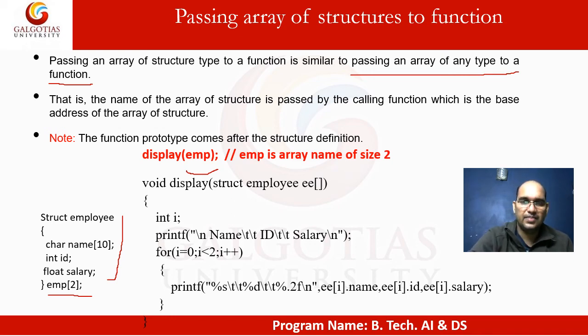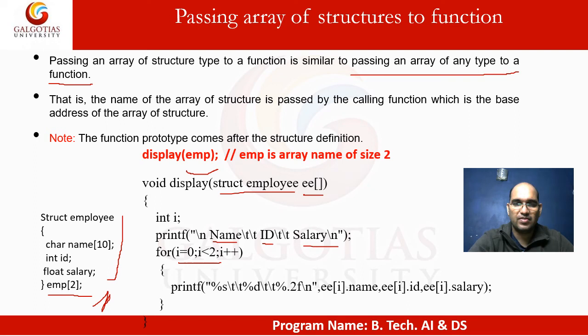Now let's see void display, struct employee ee, which is of array type. So this emp value will go to the array ee, and after that we can use it very easily. Int i, printf name, ID and salary. For that we are using a for loop. Why are we using the for loop? Because we have two values here, so it will go from 0 to 2. If the total number of employees was 10, we would make this for loop go from 0 to 10.